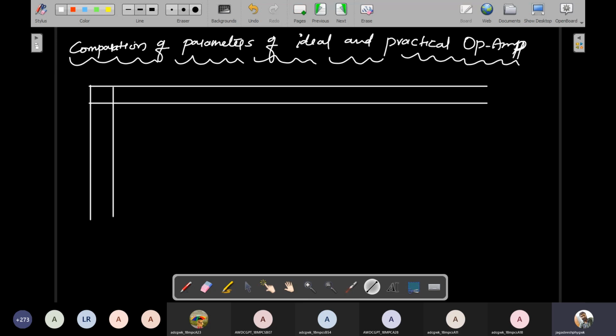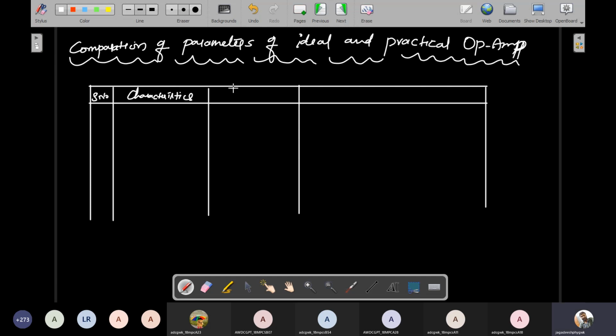The serial number, characteristic, and ideal op amp, and this is the final. Okay, serial number, characteristics, ideal op amp, practical.